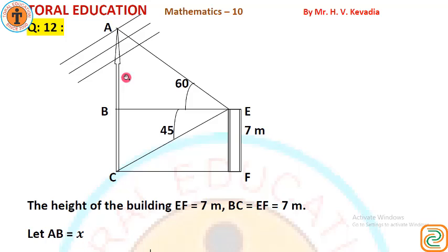So here are two triangles, ABE and BCE. EF equals 7 meter, and BC equals EF, so BC is also 7 meter. We need to find only AB, because AB plus BC gives the height of the tower.